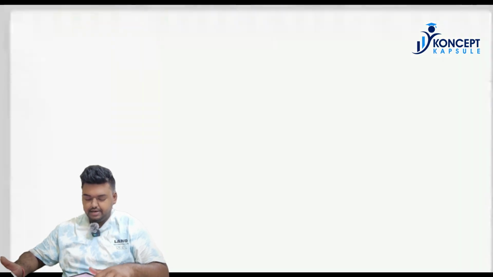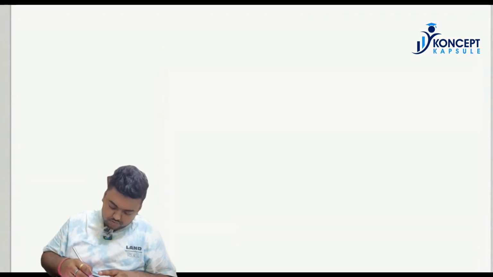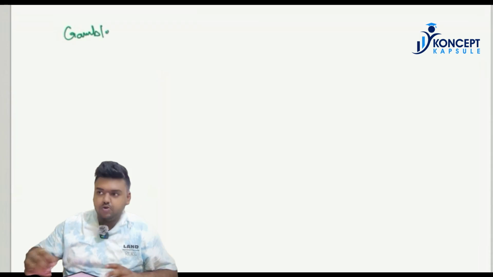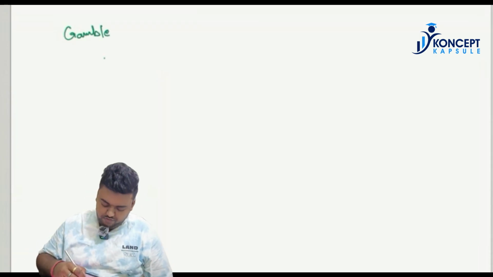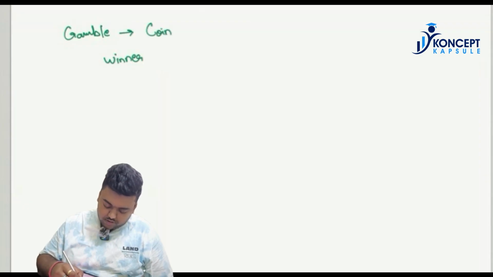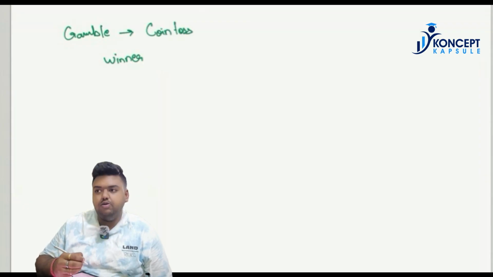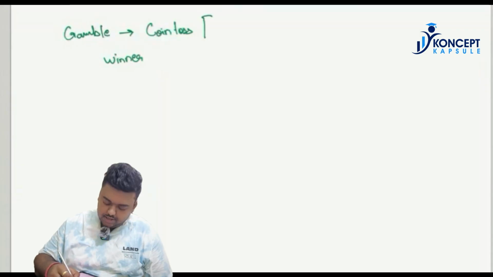So what it is saying, suppose there is a gamble, and the gamble is a coin toss. Now we both know a coin toss has only two possibilities, heads or tails. Yes or no?